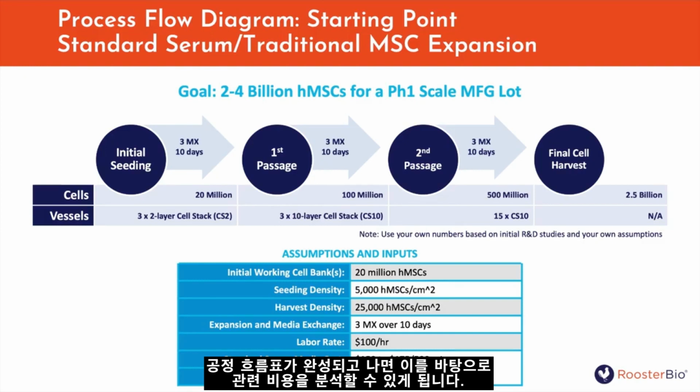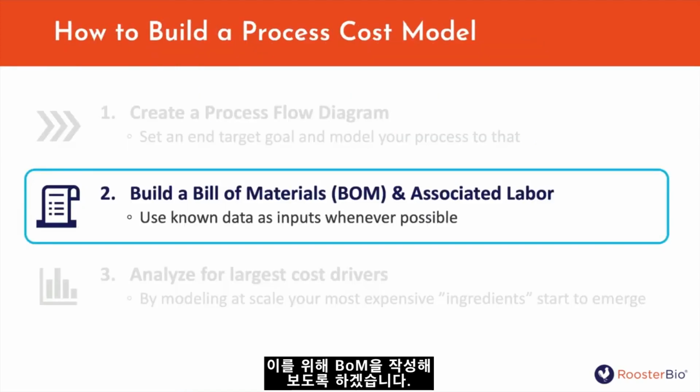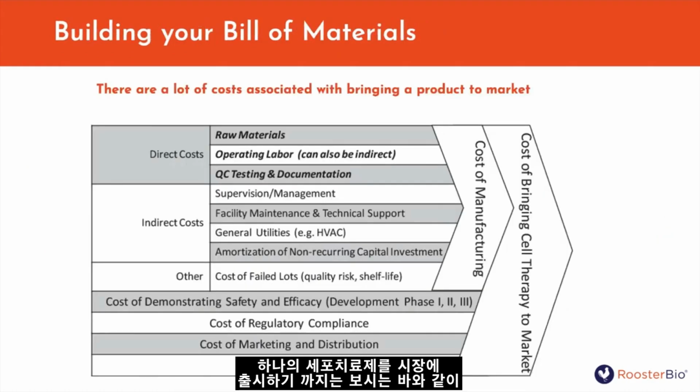Once this process is laid out, we can begin to look at the costs associated with it. To do this, we want to build our bill of materials for this process. There are many areas and expenses associated with bringing a cell therapy to market.